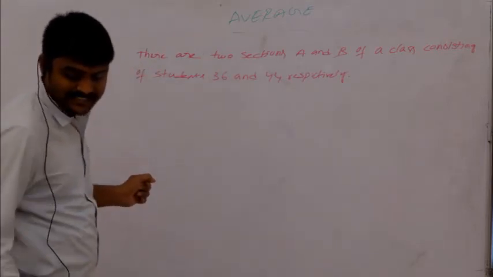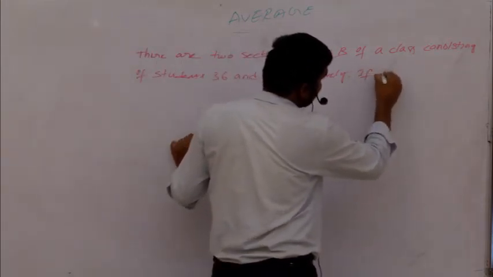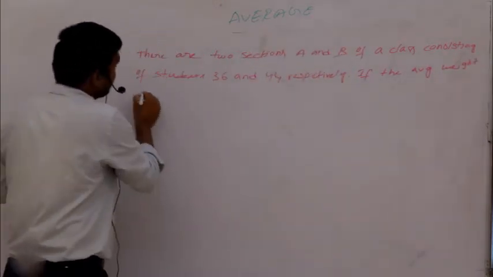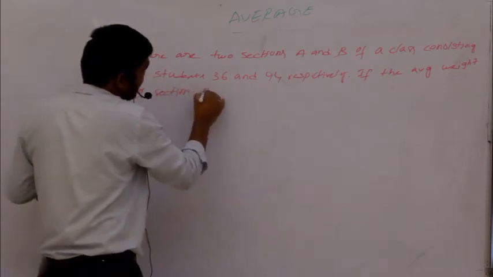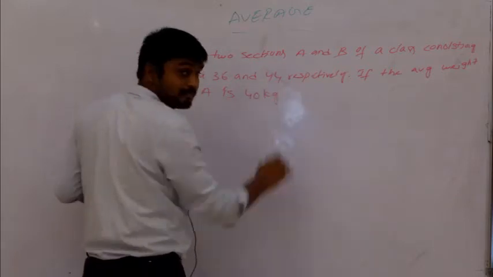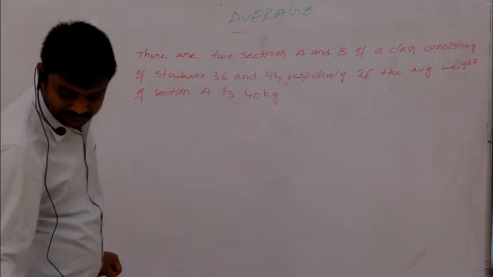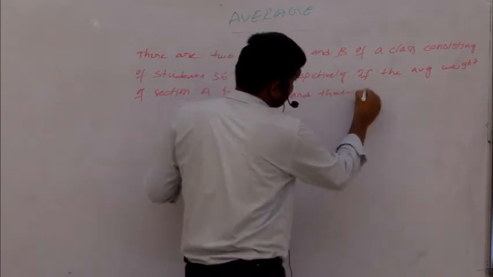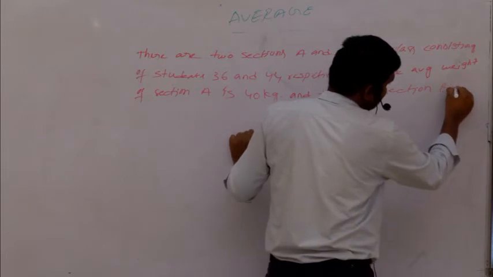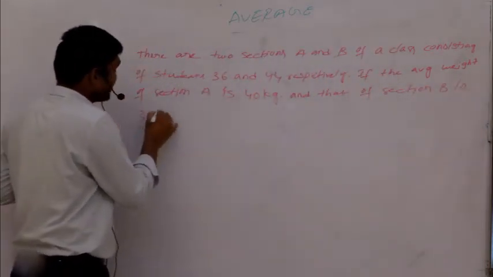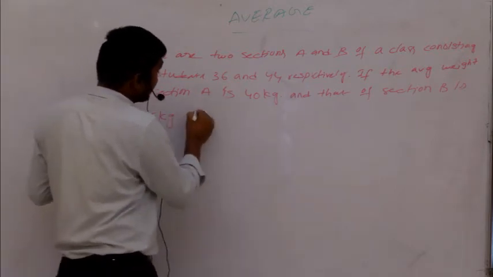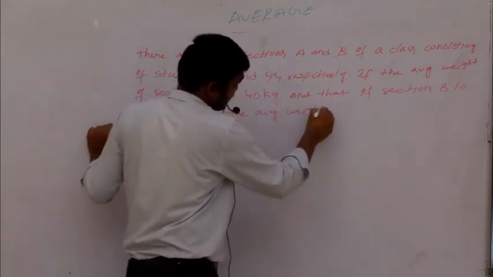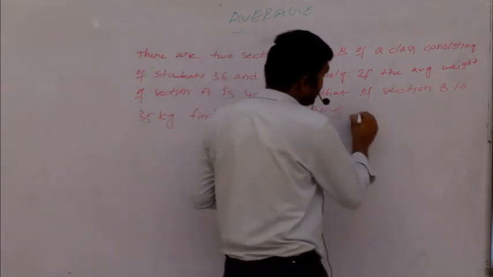If the average weight of section A is 40 kg and that of section B is 35 kg, find the average weight of the whole class.